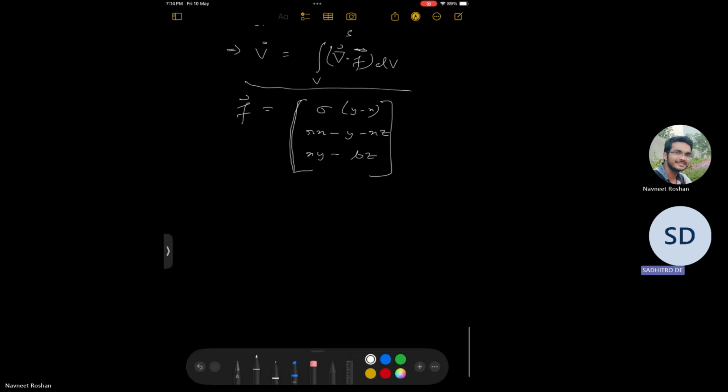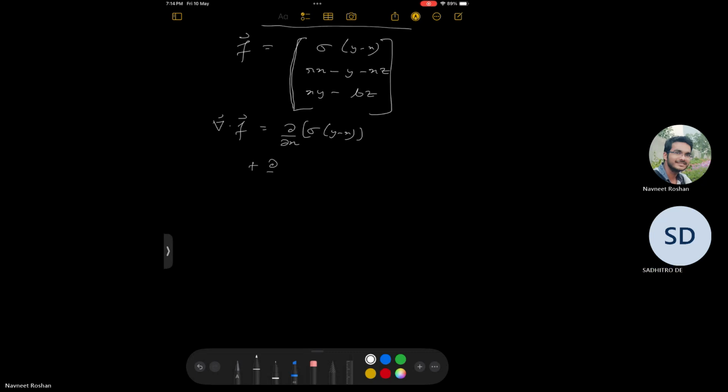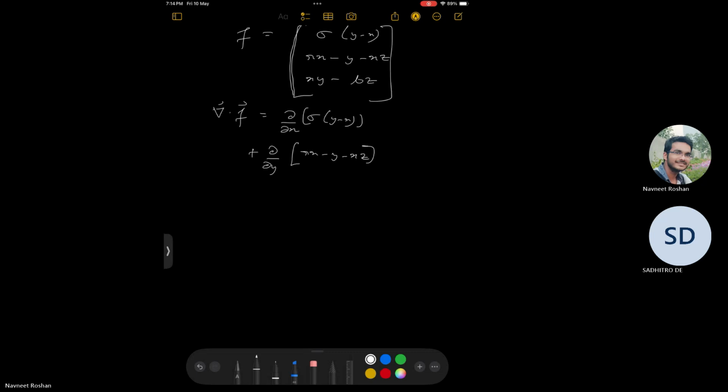So then the divergence of f would imply del by del x of sigma into y minus x, plus the other terms.